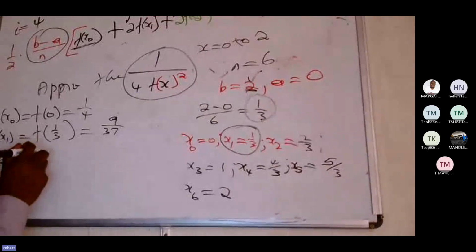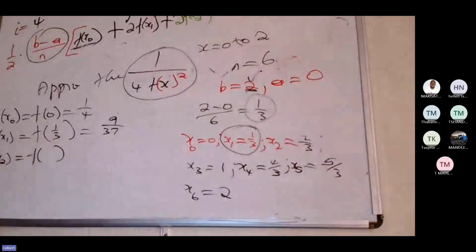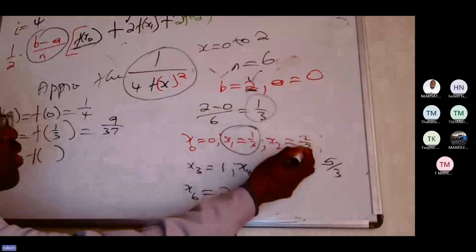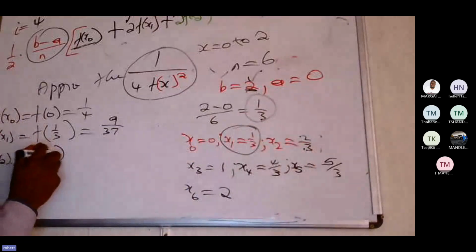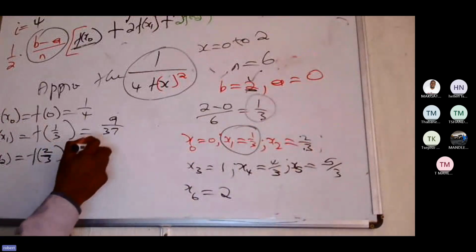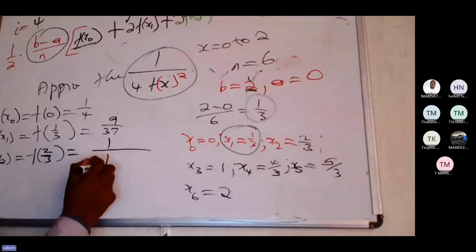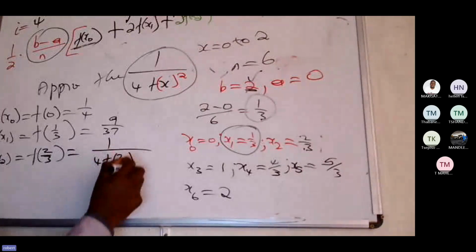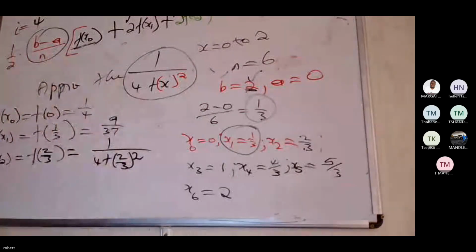So this is f of what is x2? That is why we're taking it slow. What is x2? X2 is 2/3. Therefore, it will now be 1/4 plus 2/3 squared. And what is the answer? Remember, I'm not going to tell you the answer.